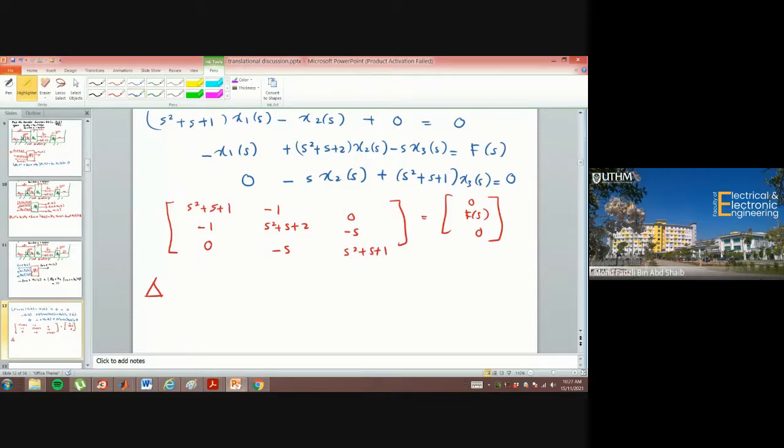We copy s square plus s plus 1, then we copy this column, the one below, s square plus s plus 2. You may refer to YouTube for how Cramer's rule works for 3 equations, with x1, x2, and x3. They show you a very thorough example. Okay, minus.